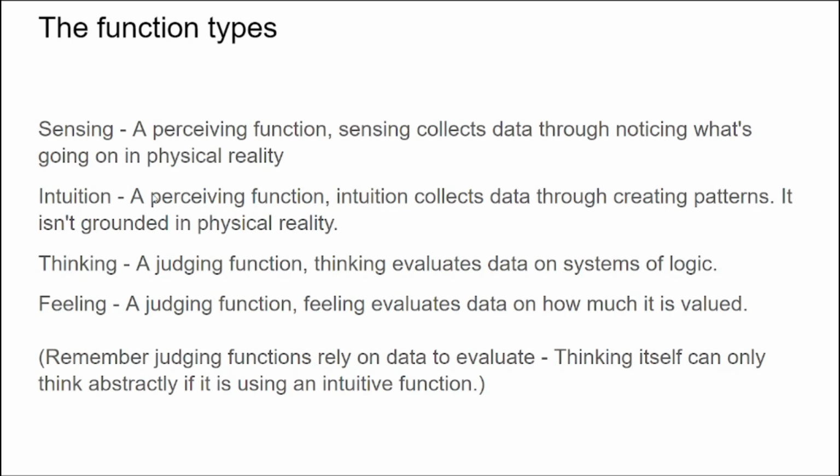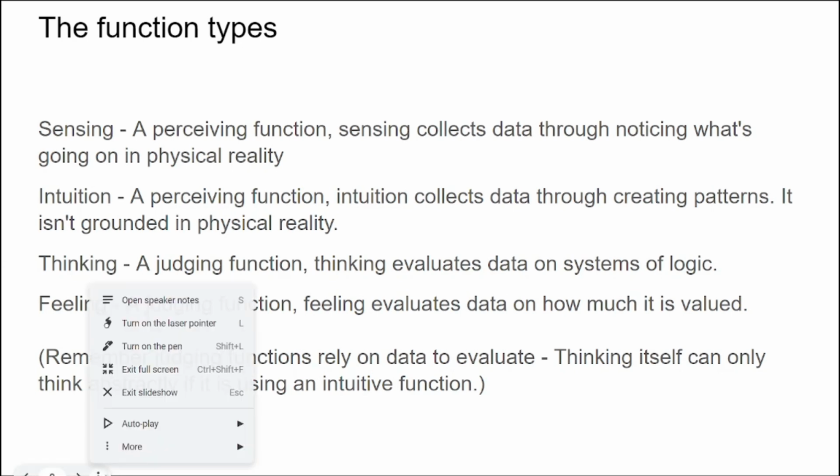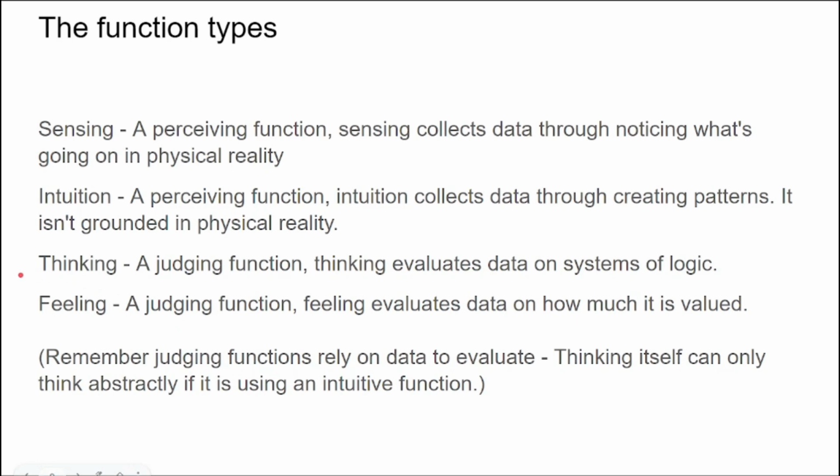Thinking is a judging function. Thinking evaluates data based on systems of logic. Feeling is a judging function. Feeling evaluates data on how much it is valued. Apparently, sometimes when you get deeper into the MBTI, these words don't work as well. I think especially feeling and thinking don't always work as well because you can be logical without having thinking.